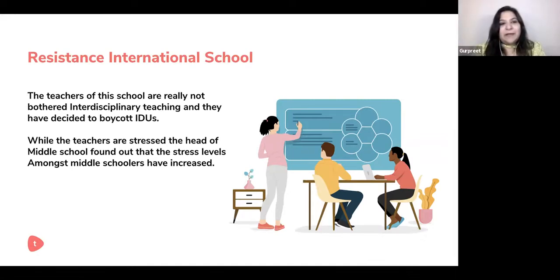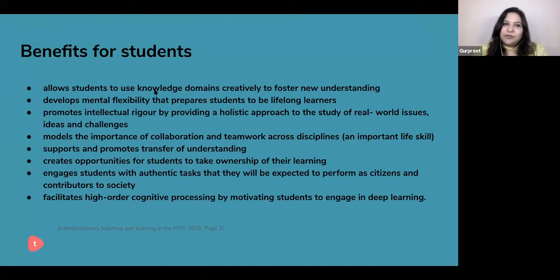Absolutely. One of the participants actually talked about how it is important that adolescent kids are exposed to something like this. When you look at a school which is having this kind of resistance, the resistance is not just to the philosophy of the MYP, but it is also about bringing quality education to the students, right?